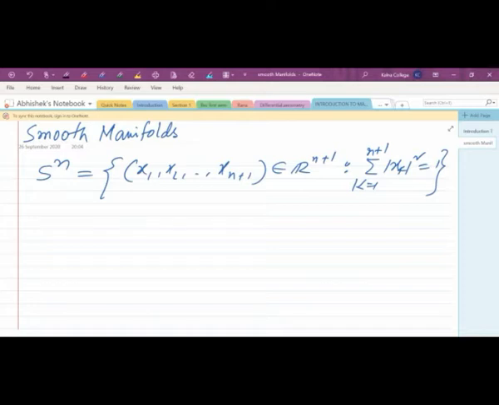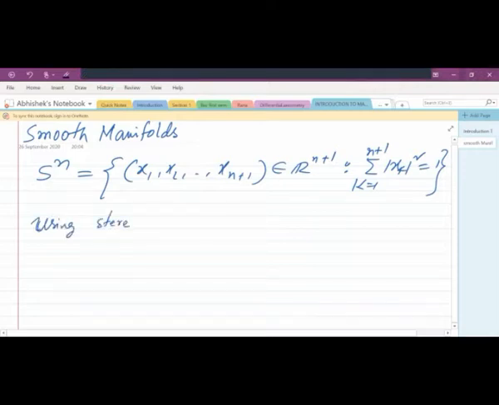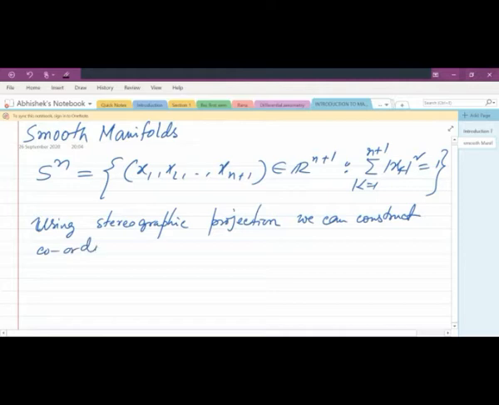So using stereographic projection, we can construct coordinate charts for Sn, in the same way that we have defined for S1.